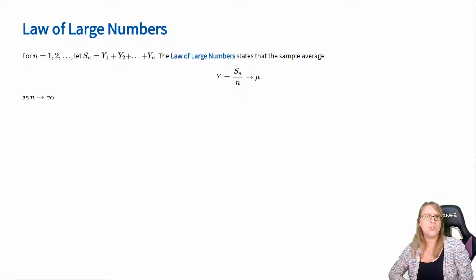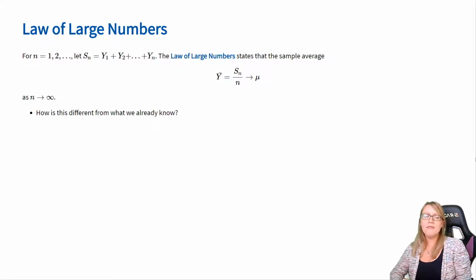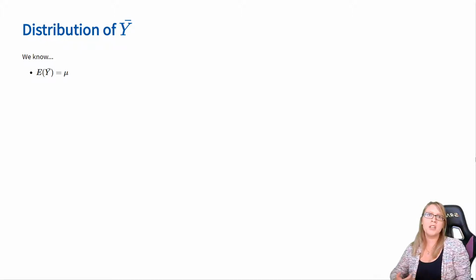We've already shown using some properties of linear combinations that the expected value of the sample mean is in fact the population mean. So this in and of itself isn't really a new result. However, there are some differences here that we can work with. We know that the expected value of the sample mean is mu. We've already shown this multiple ways.